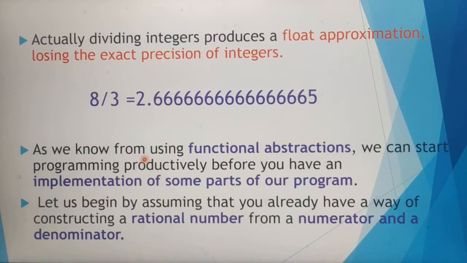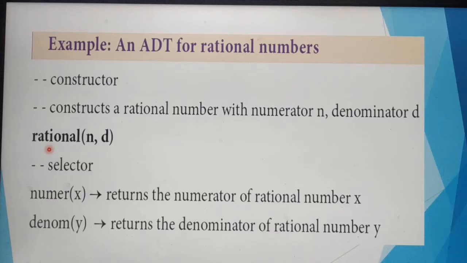Here we need one numerator and one denominator. Now we are going to see an example of an abstract data type, simply called ADT, for rational numbers. For each rational number we have two parts: numerator, taken as n, and denominator, taken as d.